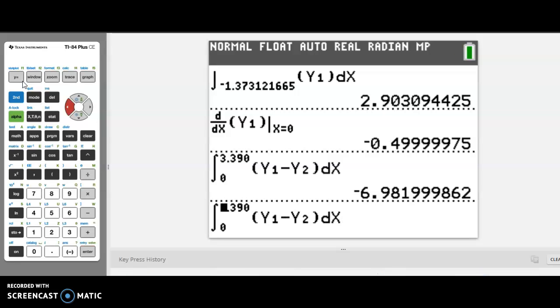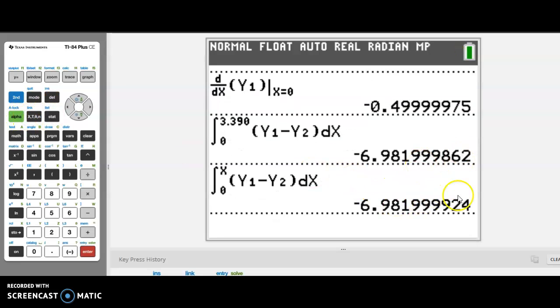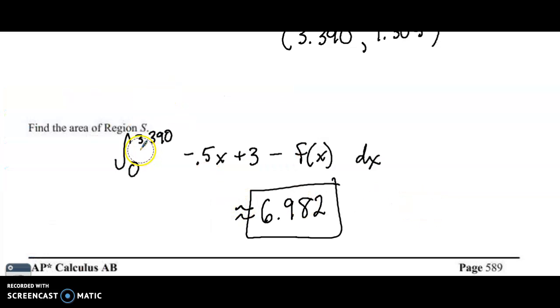Seeing if I get a better approximation if I make that in terms of x instead. Pretty much the same number, but notice that I get a slightly different answer. So you do need to be careful with that. But anyway, we were correct, and you only have to write down 3 decimals as you do each problem.